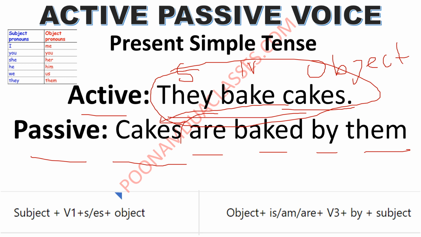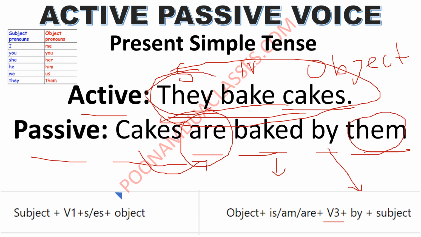Cakes, cakes के साथ हम लोग are use करेंगे. Cakes is plural. Cakes are baked, that is the third form, verb की third form, then by, and then the subject. They will get converted into them. We just learned about the subject and object pronouns. Cakes are baked by them.